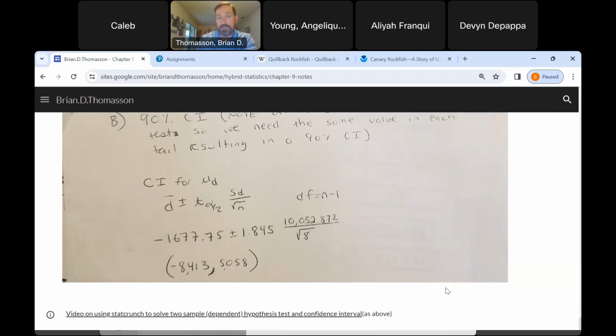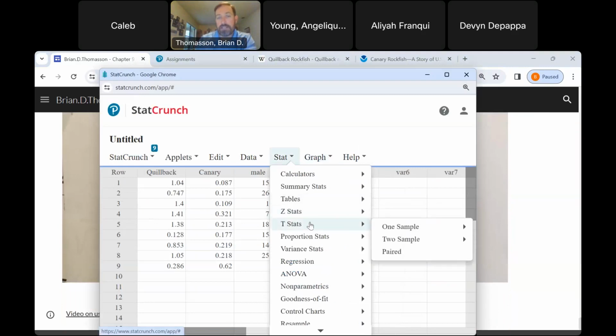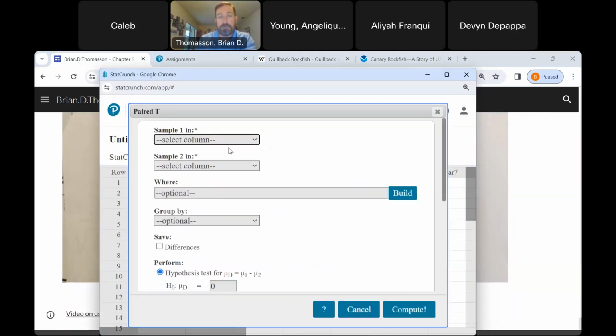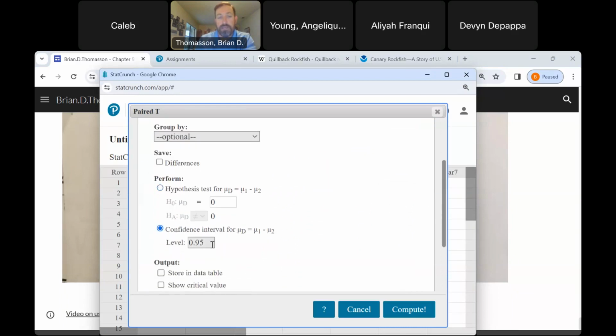All right, and to do this in StatCrunch, same thing. We're going to go under Stat, T-Stats, and Paired. Again, this is paired, not 2 sample. Don't get those mixed up. We would select the male and female. And we'd go down to confidence level, and in this case, 90%.